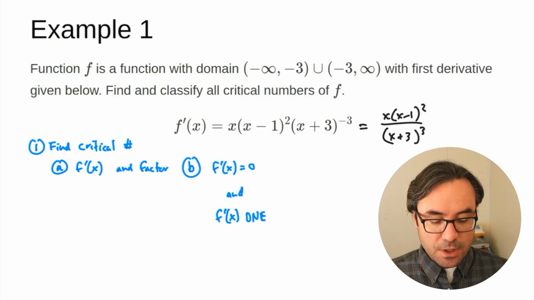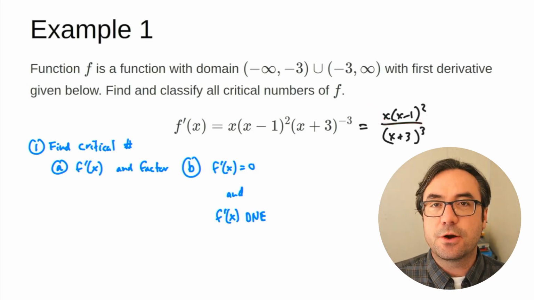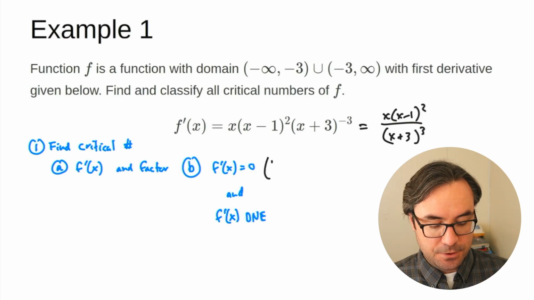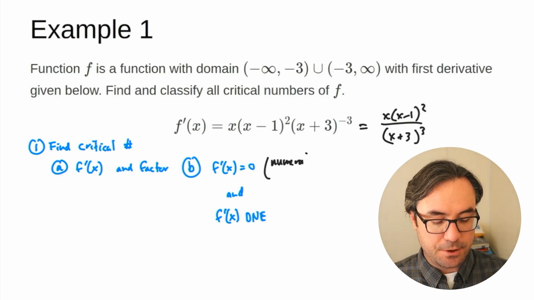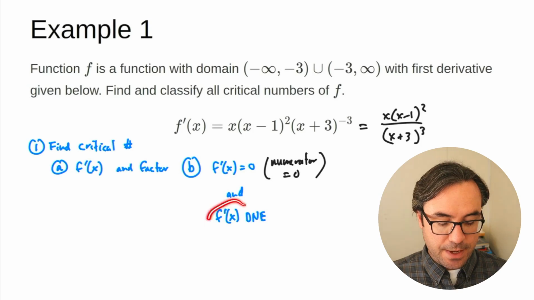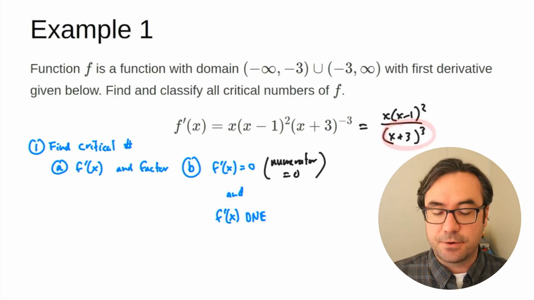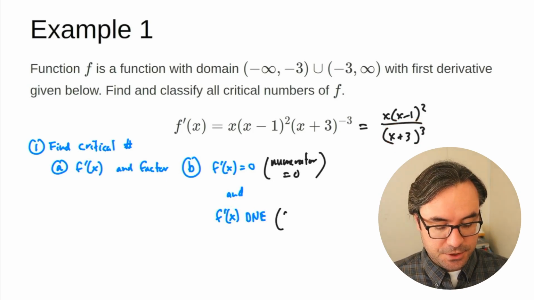So when we're looking for where our derivative is 0, that happens when our numerator is 0. So we're just going to set our numerator equal to 0. And when our derivative is a fraction like this, usually the only way it's undefined is when the denominator is 0. So we're just going to look at the denominator.